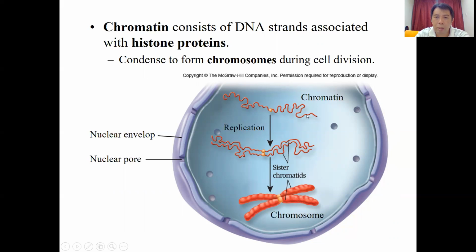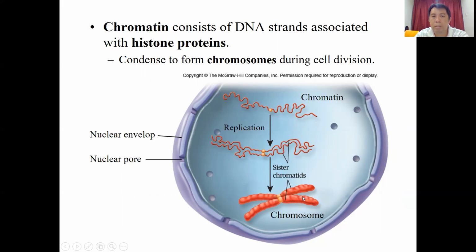As you can see here, the chromatin is a long thread of DNA associated with histone proteins. During cell division, the chromatin undergoes replication, or DNA replication, to form sister chromatids. Then they are condensed to form chromosomes.